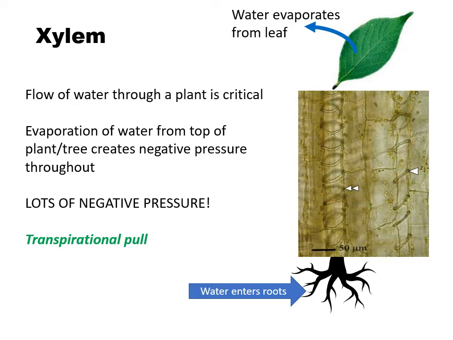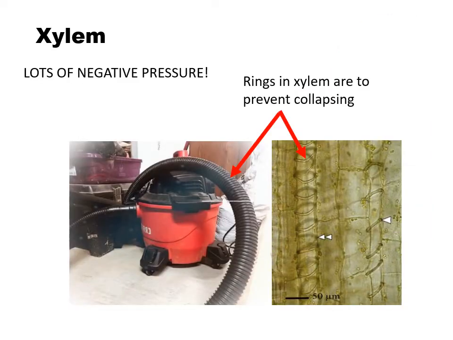And so think of it as if a water molecule is going to leave, it's going to pull another one behind it. Every time a water molecule leaves, it's pulling another water molecule immediately behind it with this tremendous pressure. And that's why there are rings in the xylem, because that pressure translates into an immense negative pressure.